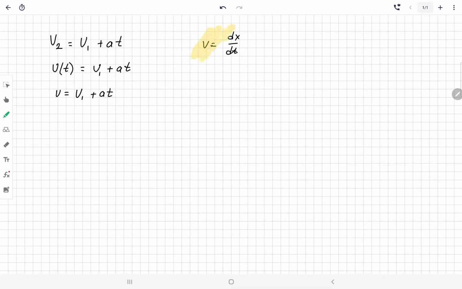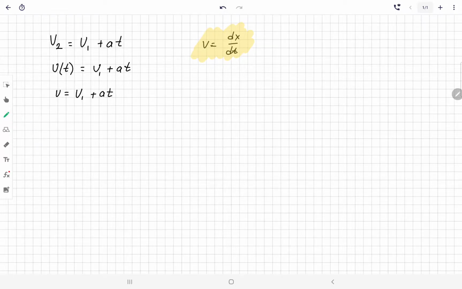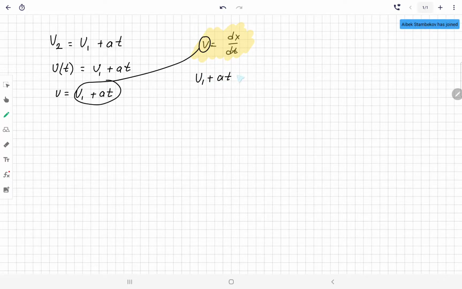It means we can also use it for motion with constant acceleration. So let's use it. V equal to V1, initial velocity, plus a times t, equal to delta x over delta time.